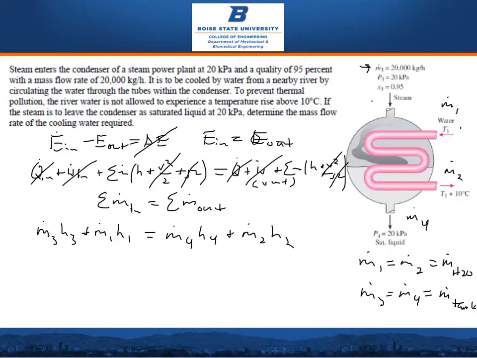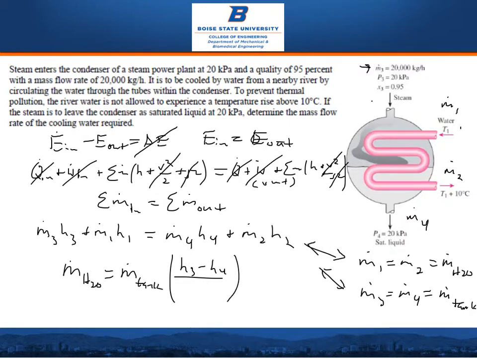So now, doing a little bit of algebraic manipulation, we can substitute using these three equations, and we're left with M dot H2O is equal to M dot tank times (H3 minus H4) all over (H2 minus H1).